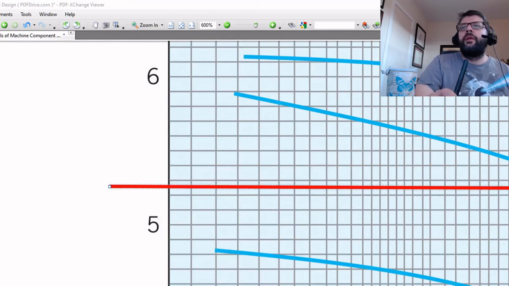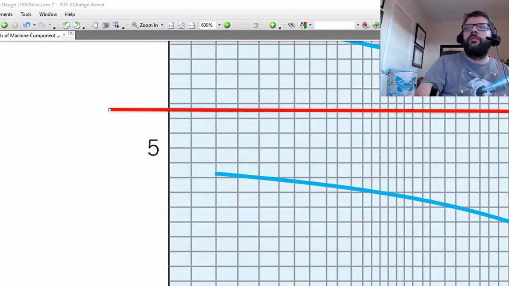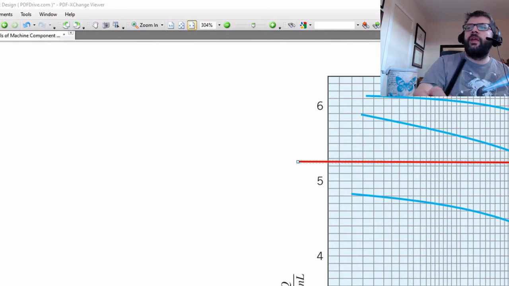5.1, 5.2, 5.25. 5.25 is going to be our Q over R CNL.